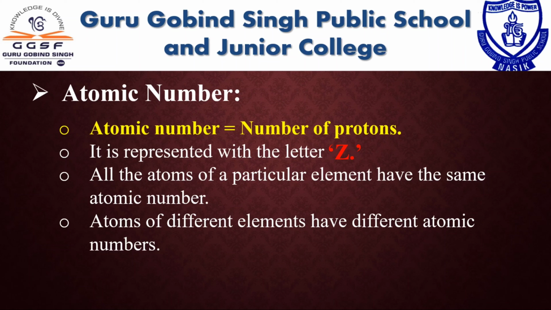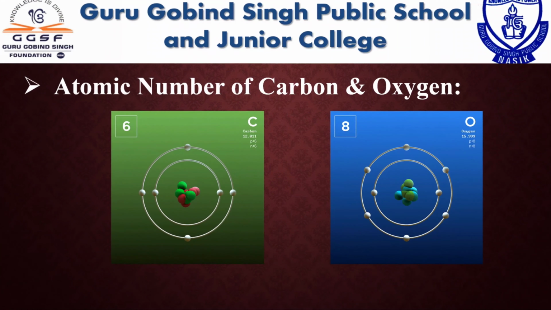Atomic number and mass number are always whole numbers because they are obtained by counting whole objects, that is protons, neutrons and electrons. For example, in carbon atom, there are 6 electrons and 6 protons.